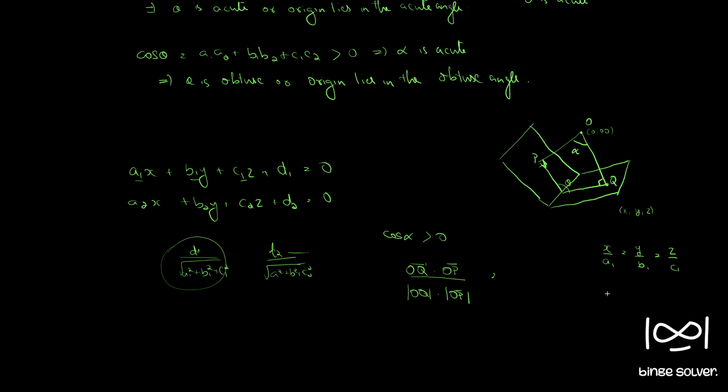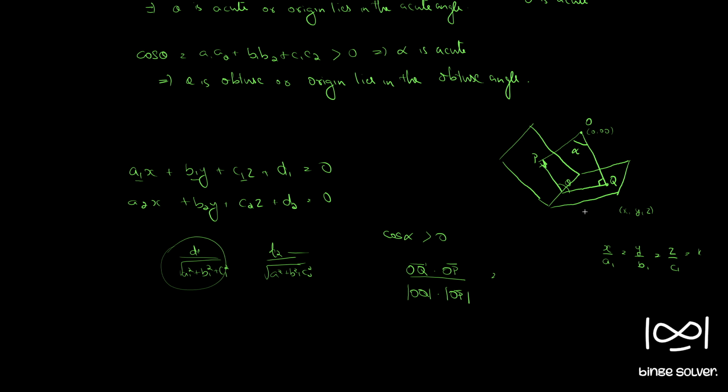This we know, and we can do it this way also: take a unit vector and multiply it with the distance. Put x as a1k, y as b1k, and z as c1k, substitute in this equation, and then eliminate k.